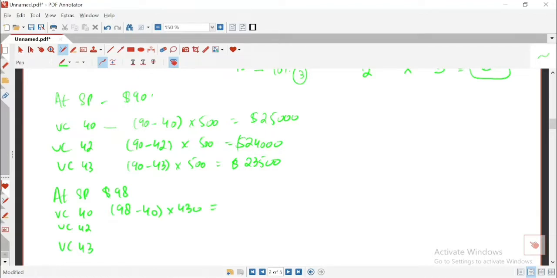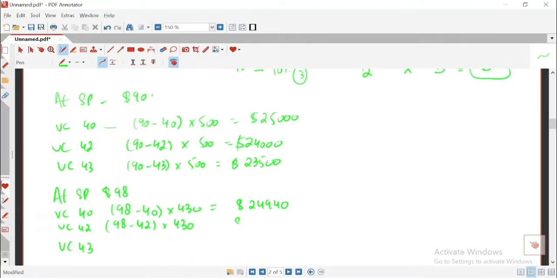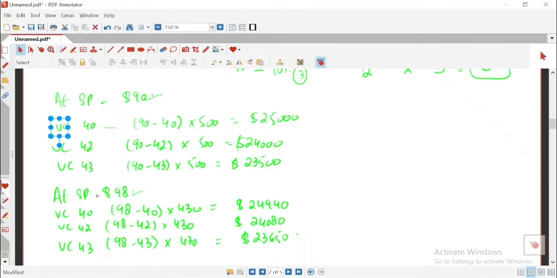We get 24,940. If variable cost is 42, your return will be 24,080, and for variable cost 43 we will have a return of 23,650. So we can see that we took 2 options for our decision, and 3 outcomes considered for each decision. So we got a total of 6 outcomes.